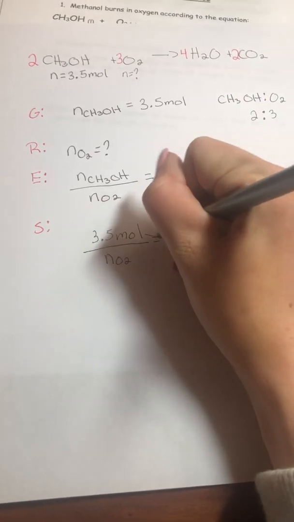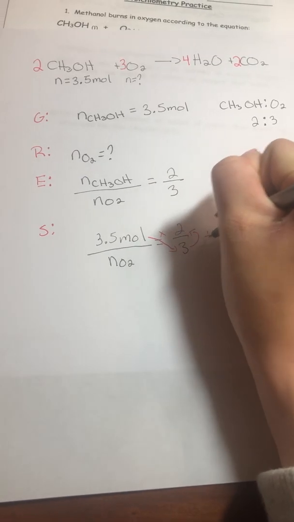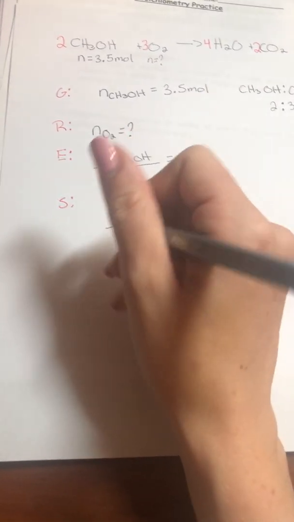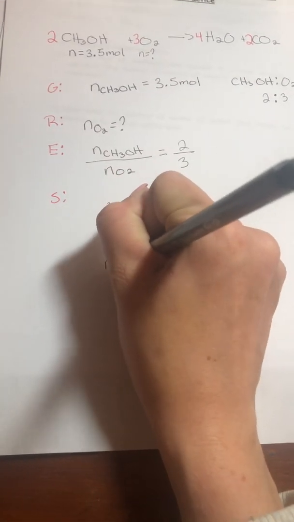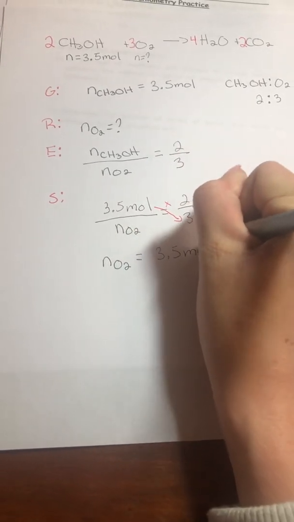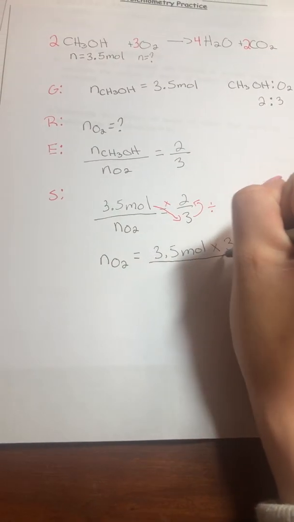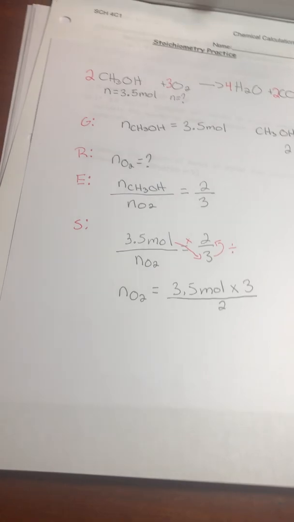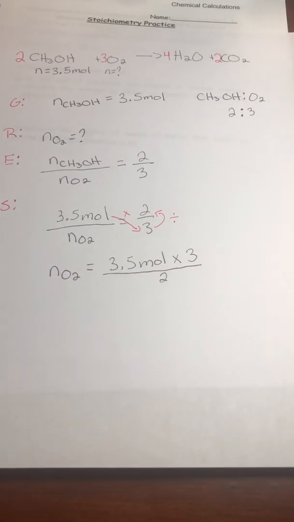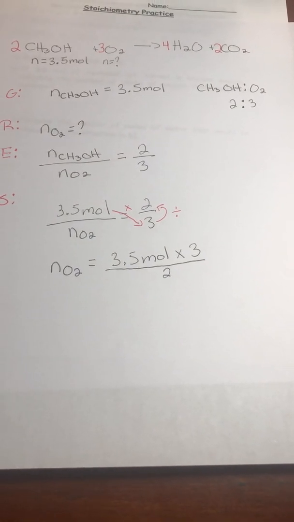So we cross it, we multiply it, and we divide. So my N O2 equals 3.5 moles times 3. Divide that by 2. 3.5 times 3 divided by 2.